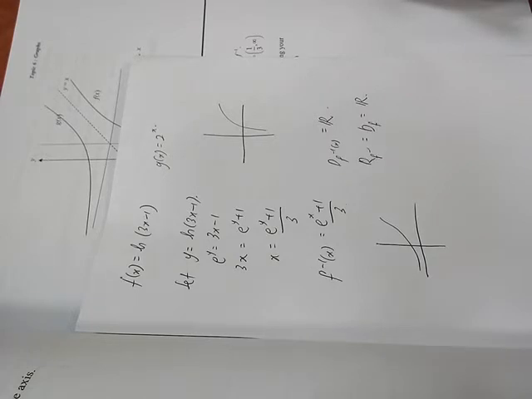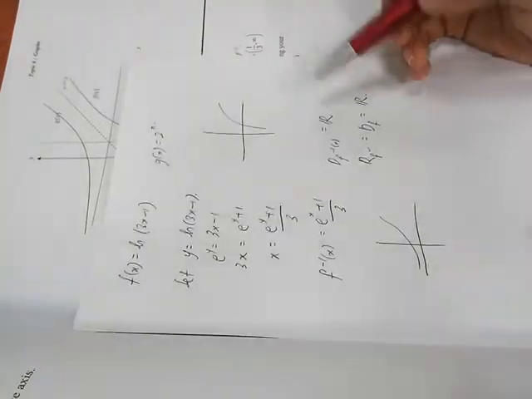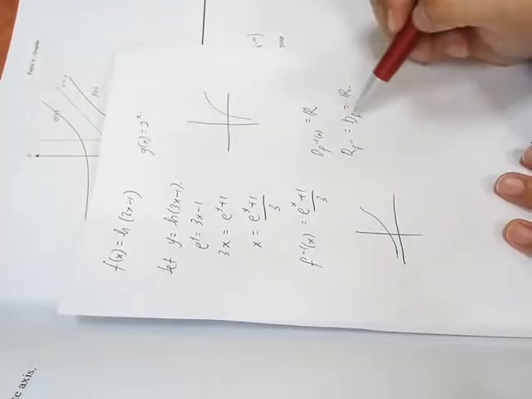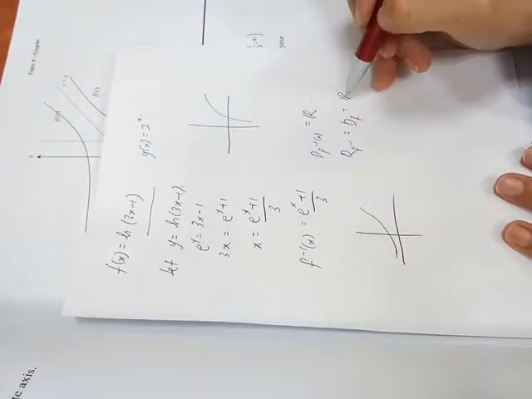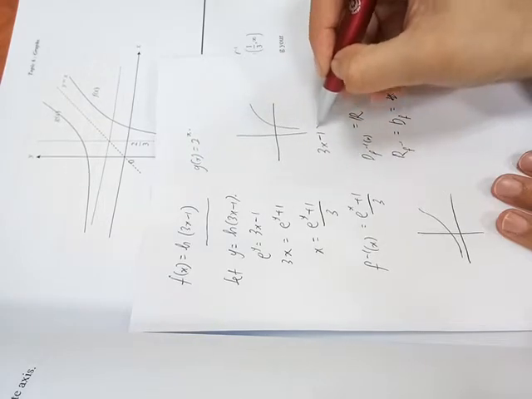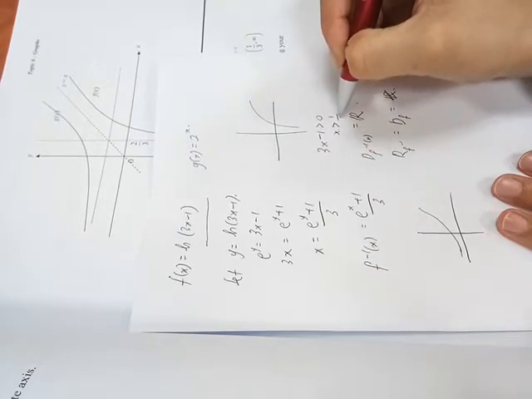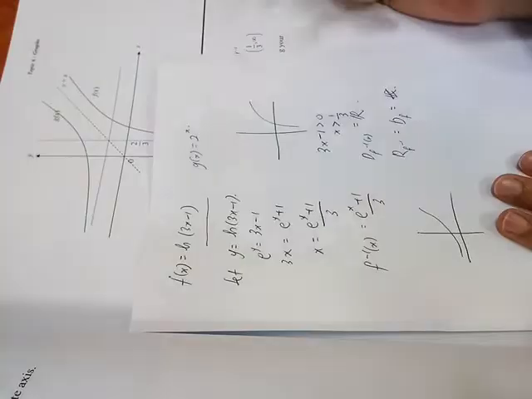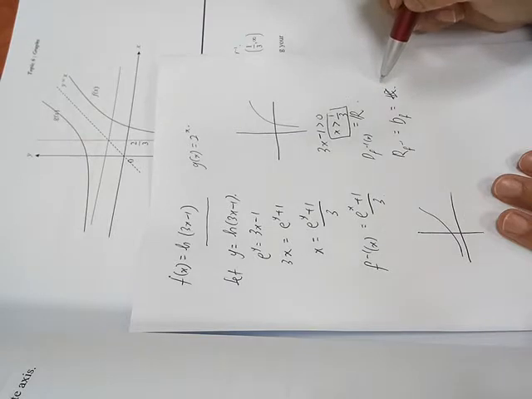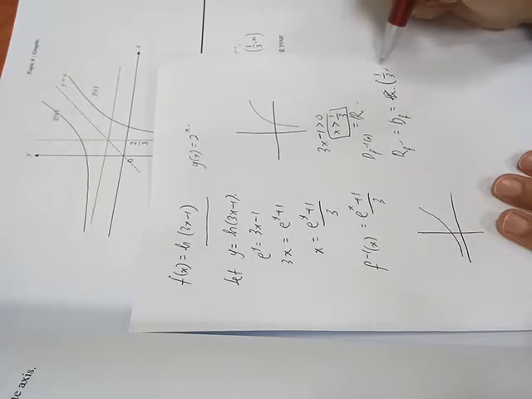Oh, wait a minute, sorry. The domain of f: it is ln(3x minus 1), right? As I mentioned just now, 3x minus 1 must be more than 0, so x is more than 1 over 3. So the domain of f is 1 over 3 to infinity.